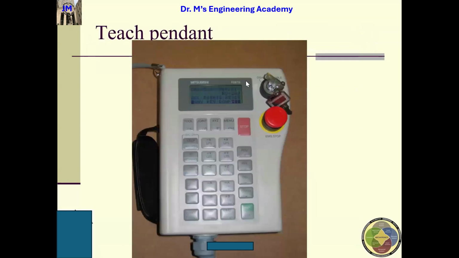So here's a teach pattern. This is the intuitive one. This is a photo I took. So here's a key, and using this key, you can change the mode, either disable or enable. And so here is the emergency button, and here are the buttons we just talked about.